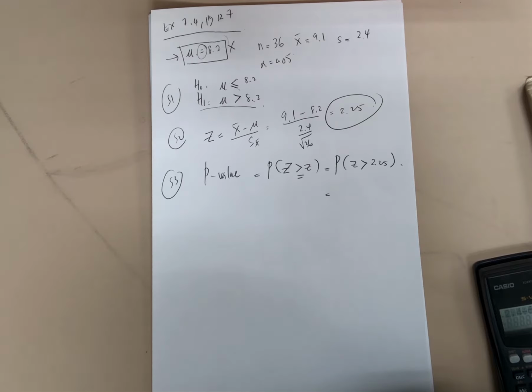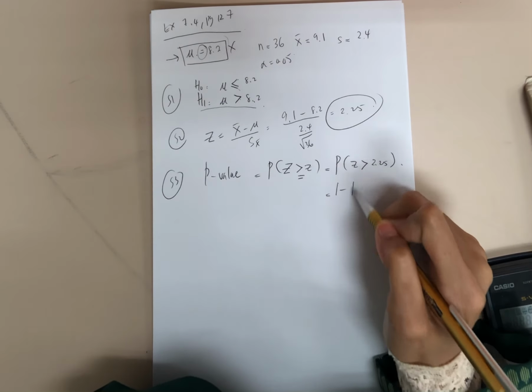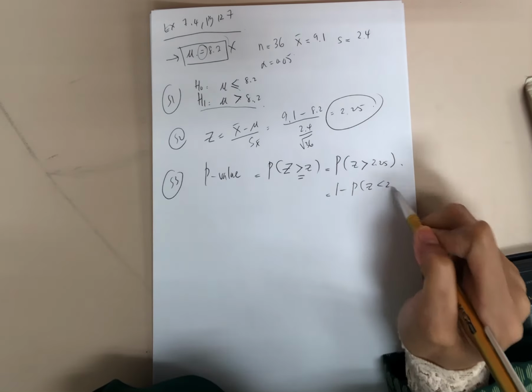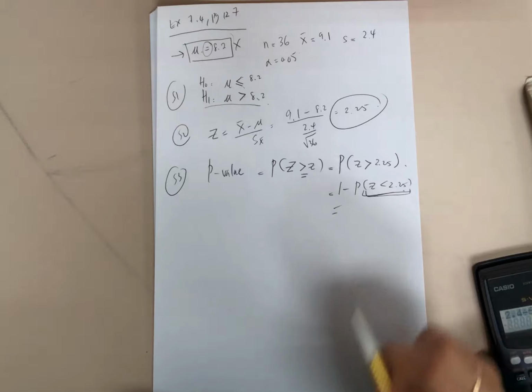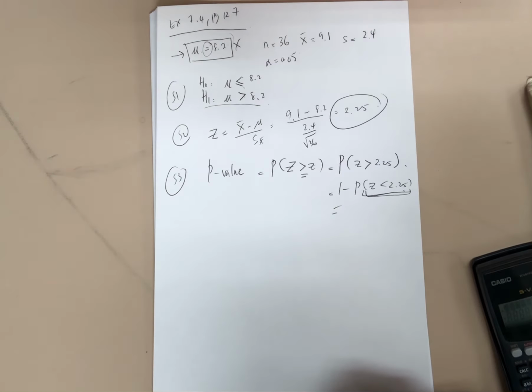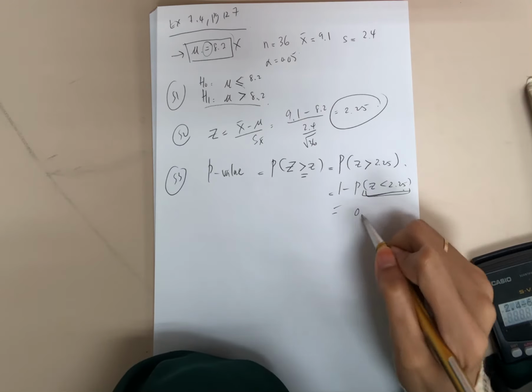You need to refer back to the previous chapter. Since this is greater than, you need 1 minus the probability for 2.25. You need to recall the previous chapter. So I give you the answer, which is 0.0122.